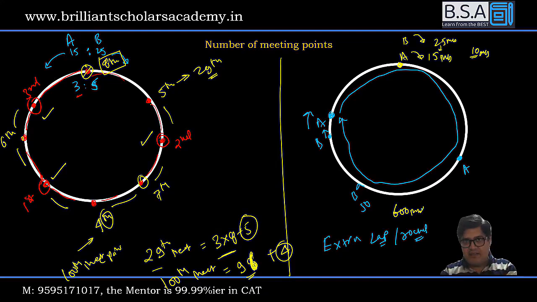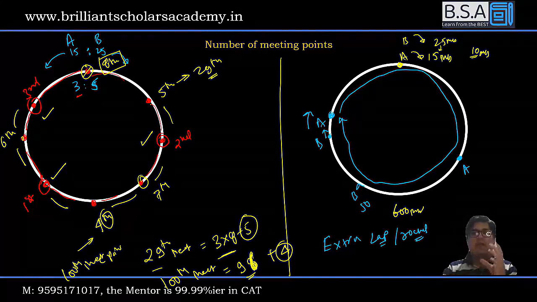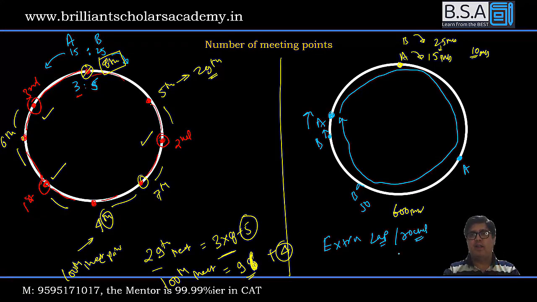If the faster one wants to overtake the slower one, the faster one has to travel an extra round. What is the length of the circle? 600. That is one round, 600 meters. What is the extra speed? 10. Extra speed is 10. So here it will happen in 60 seconds. They will meet.